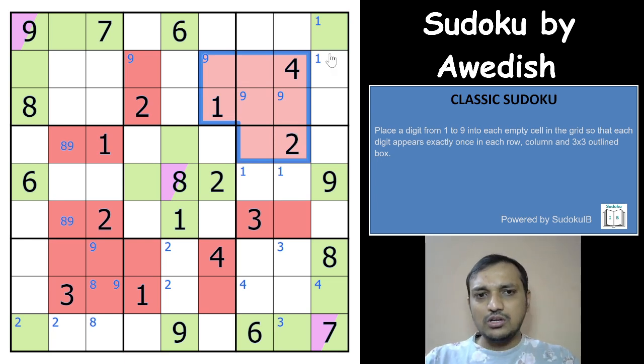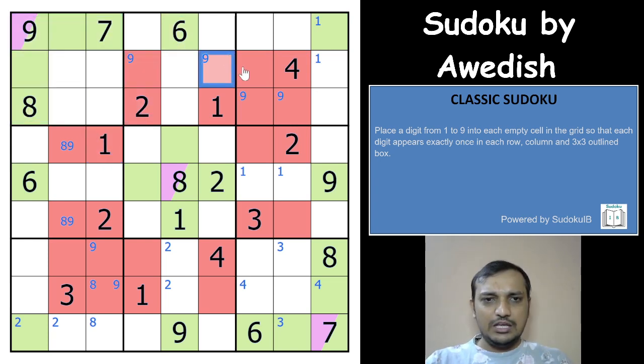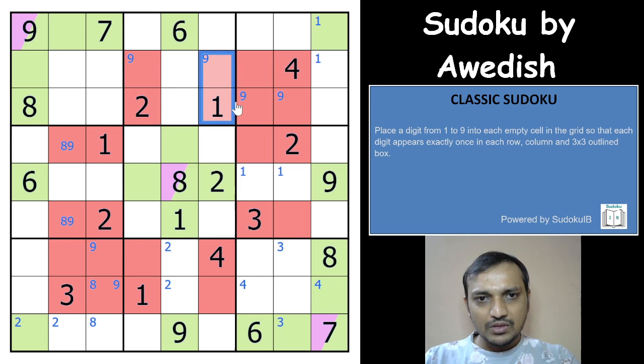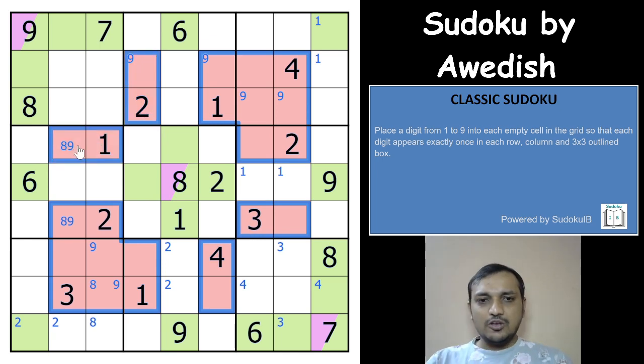Now the number of cells in the green area and the number of cells in the red area will always have to be equal. Let us count that here. You have 8 plus 8 is 16, plus 4 is 20, plus 4 is 24. You have exactly 24 red cells, which means you will always have exactly 24 green cells including the pink ones, right?